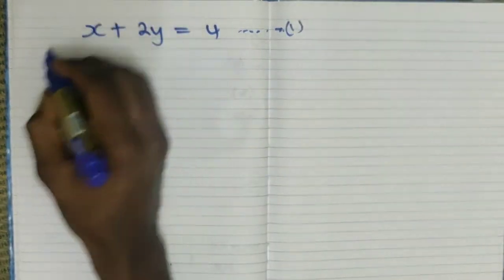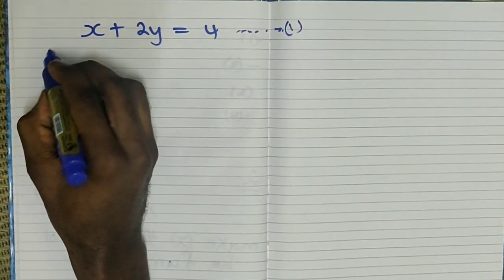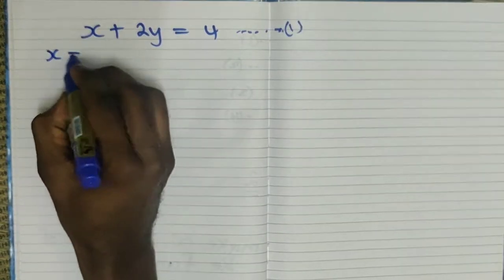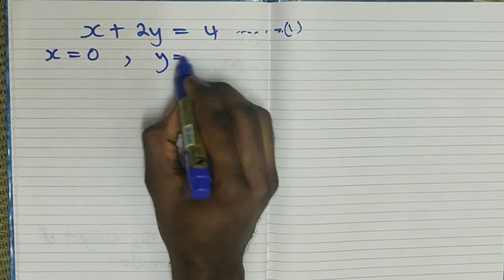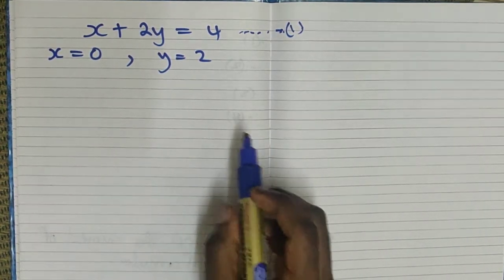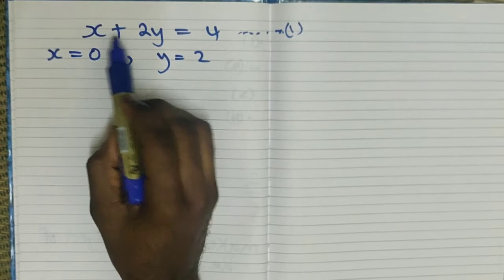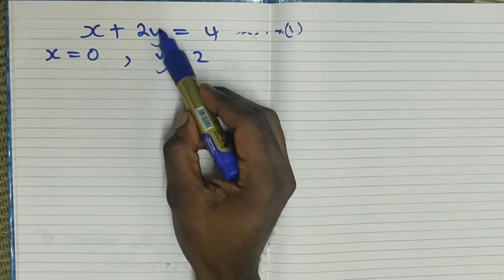Our x was what? x was equal to 0 and our y was 2. To prove our answer simply means we are going to substitute in the place of x in this equation 1 the value 0, and in the place of y, 2.